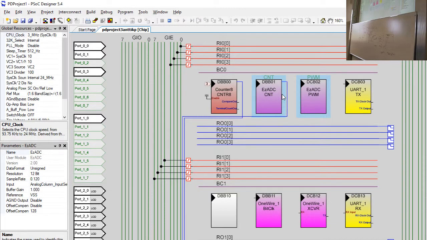This takes not the CPU clock, but the system clock directly and starts counting from that one. But the counter 8 there is used to provide the clock signal for our low pass filter.